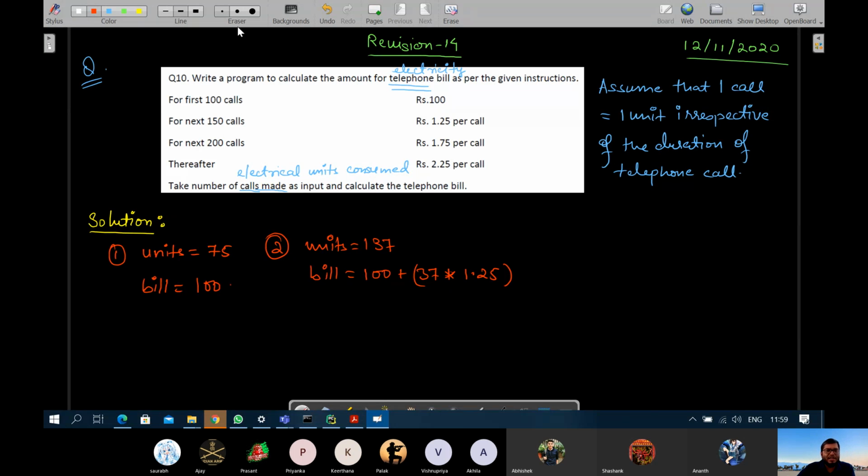So can we write it in a generic form, like this will be equal to units minus first 100 multiplied by 1.25.